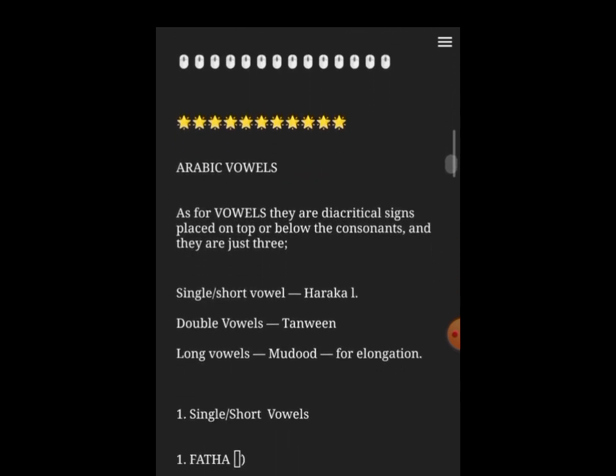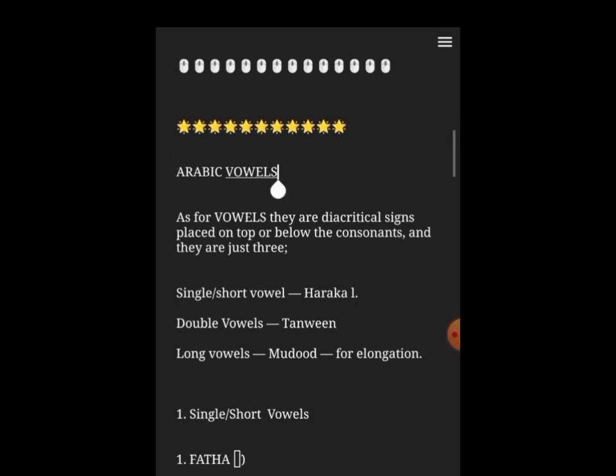Next thing we'll be talking about is the Arabic vowels. Arabic vowels are called haraka. Arabic vowels are called what? Haraka. We use this vowel together with the consonant, just like you do in English.